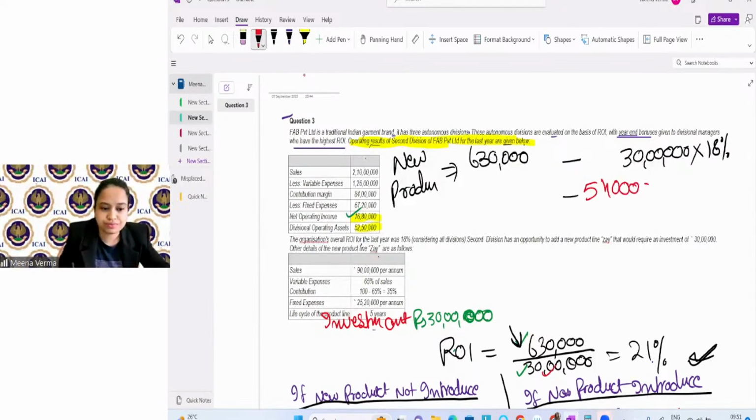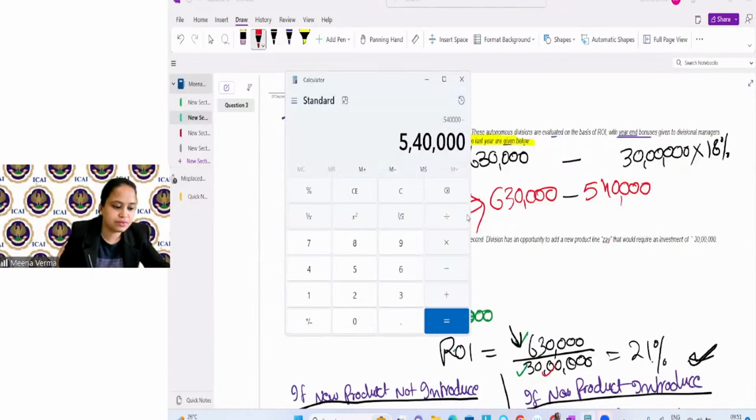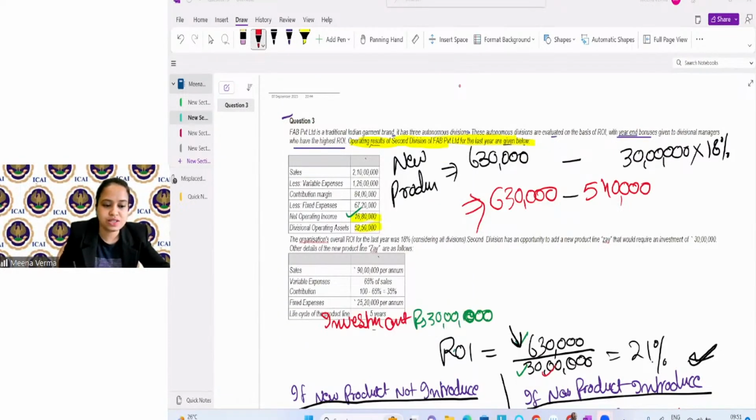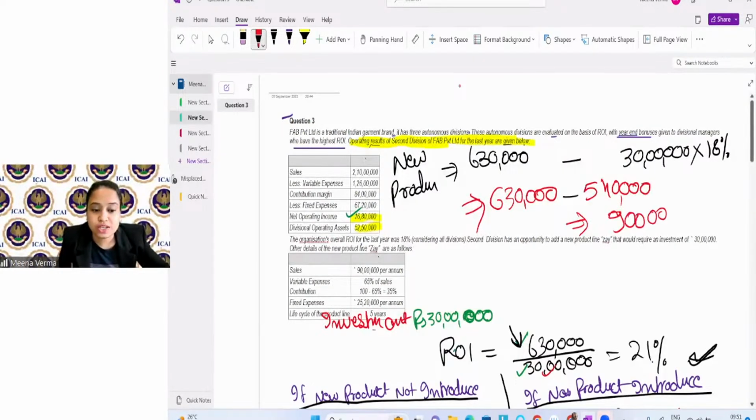And 630. So 630 minus 540, it's good, right? 90,000. Yes, residual income is coming as 90,000. Good. It's a good decision, right?